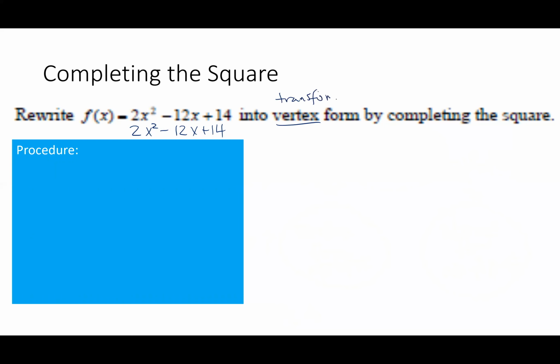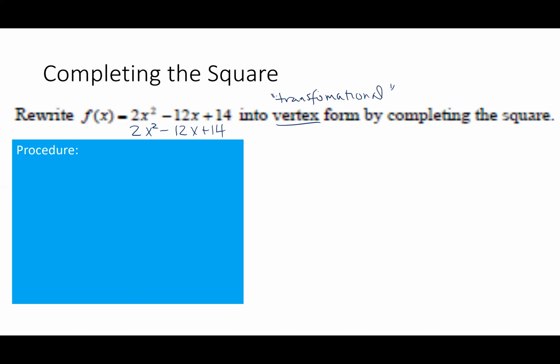Some textbooks will even use the term standard form. I find that to be tremendously confusing because general and standard both mean pretty much boilerplate. And so it's like, oh, this is a quadratic in general form, but here's a quadratic in standard form. And standard transformational vertex form looks nothing like general form.